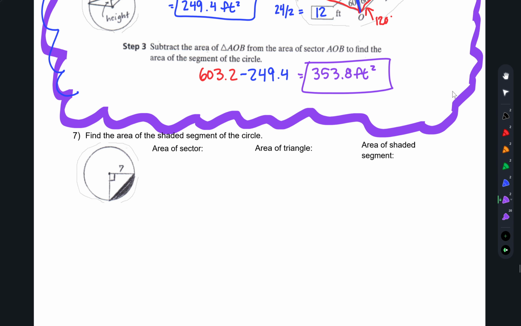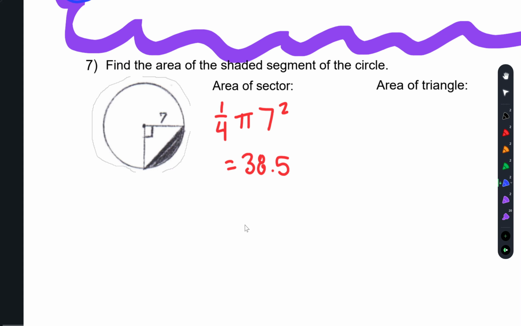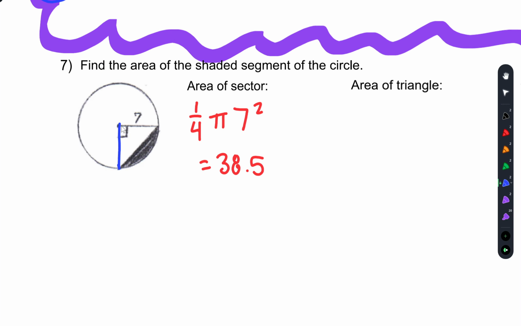It's really fast. Area of this sector, it's a right angle, so I know it's 1/4 of my whole circle. 1/4 pi radius squared, which is 38.5. Area of that triangle, each one of these little pieces here in this circle is a radius.